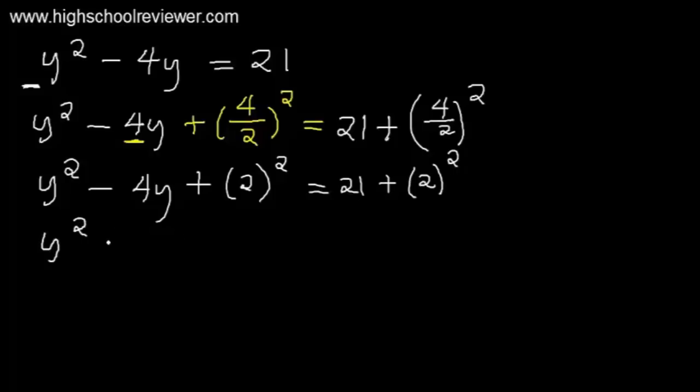Okay, so y squared minus 4y plus 2 raised to the power of 2 is 4. This will be equal to 21 plus 4.